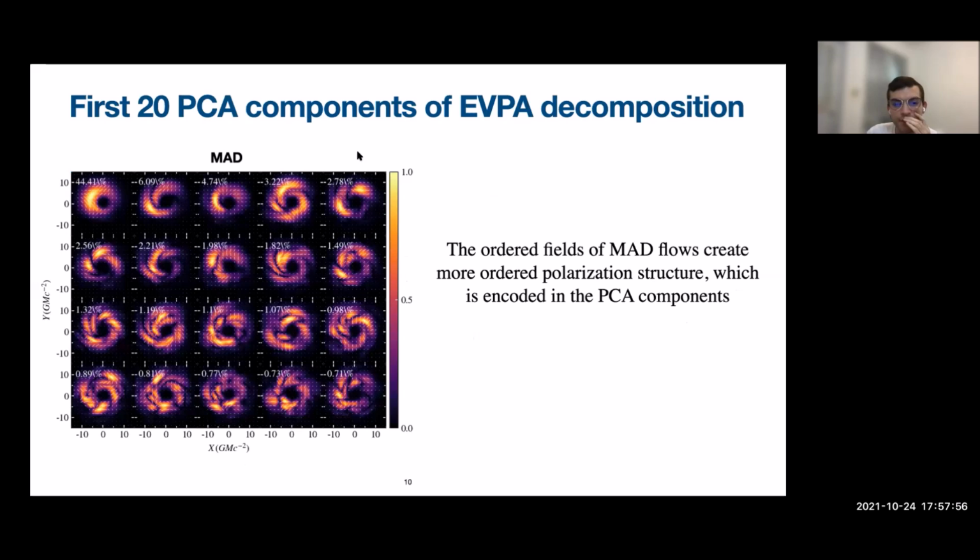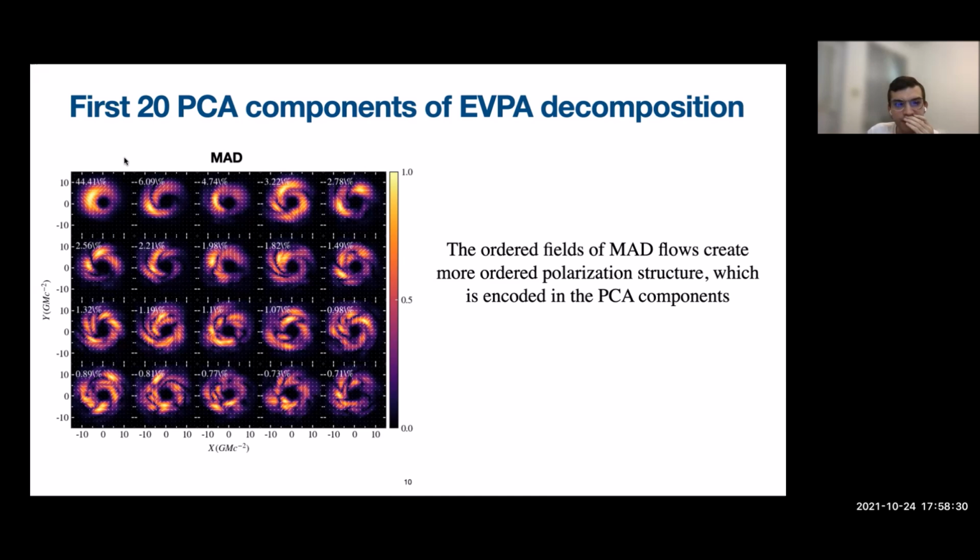So here what we have is a summary of the first 20 PCA components of the analysis that we did. Each one of the images represents one of those components, while the percentages on top of each one of them are the eigenvalues for each component. If you focus your attention on each one of the components, you will notice that each one of them encoded a very specific pattern of the EVPA of the overall image.